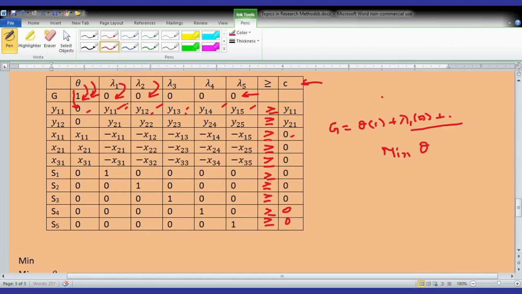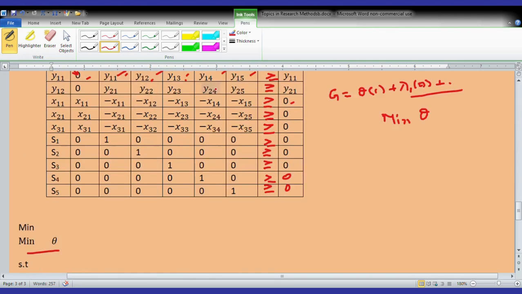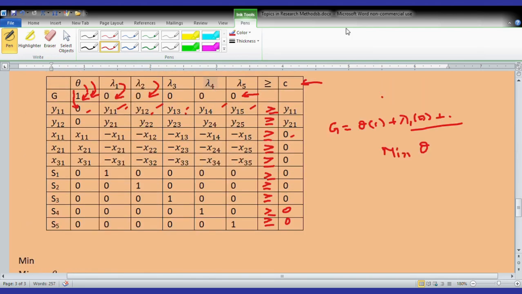Then lambda 1 multiplied by y11, so 0 plus y11 times lambda 1 plus y12 times lambda 2 plus y13 times lambda 3 plus y14 times lambda 4 plus y15 times lambda 5. And then on the right hand side of this row we have greater than or equal to y11.